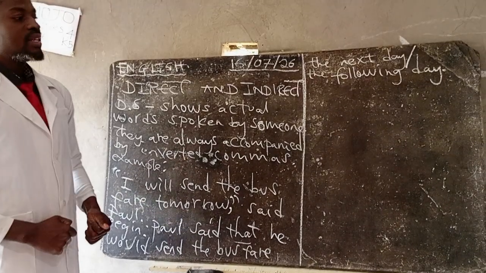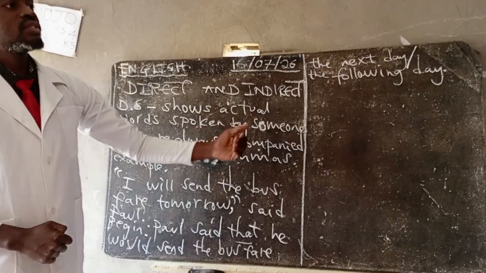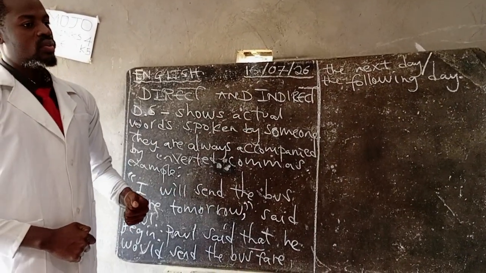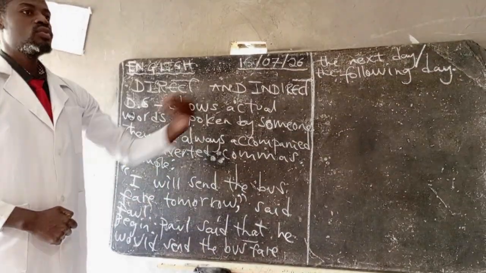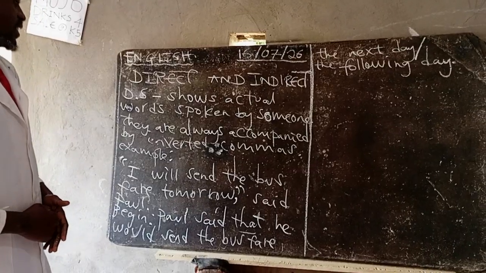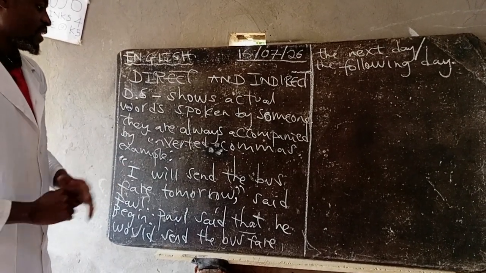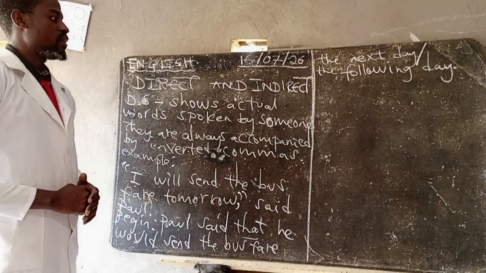Must in most cases changes to had to, and also ought to. Shall changes to should. So that's what I can give you on the change of auxiliary verbs.